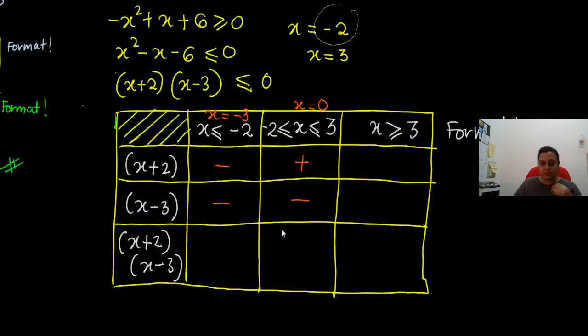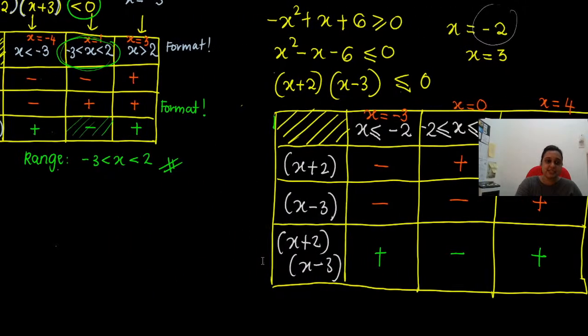Last one, let's choose any value which is bigger than 3. Let's choose 4. So 4 plus 2 is 6, which is a positive value. 4 minus 3 is 1, also a positive value. Now I'm going to write down my answer here. Negative, positive. Positive, negative is negative. Positive, positive. Can you see?